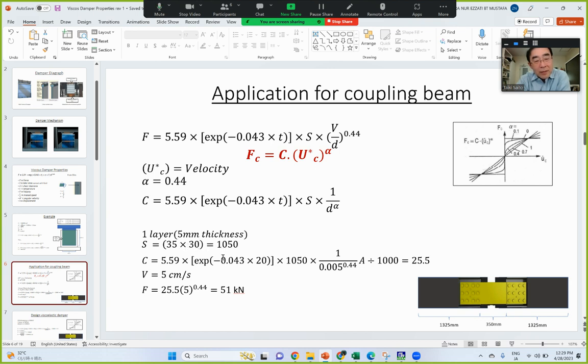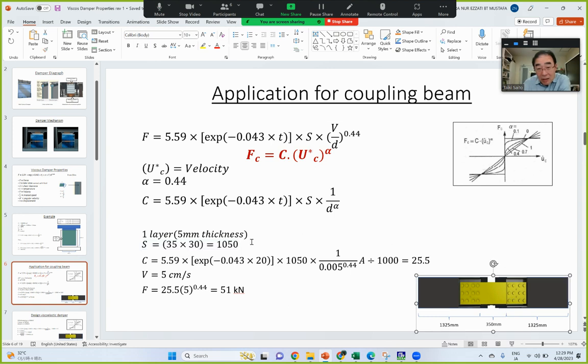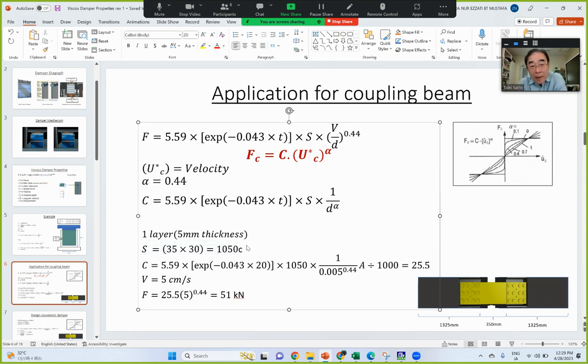So the total area is about 1050 cm square. You adapt 35 from this picture, right bottom. Just 30 centimeter.